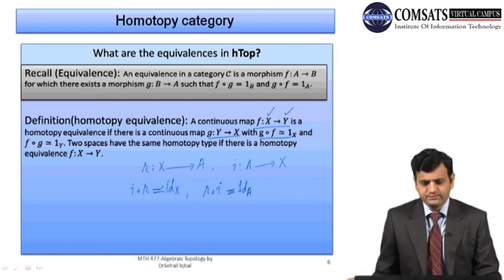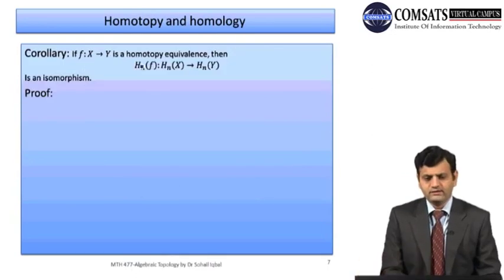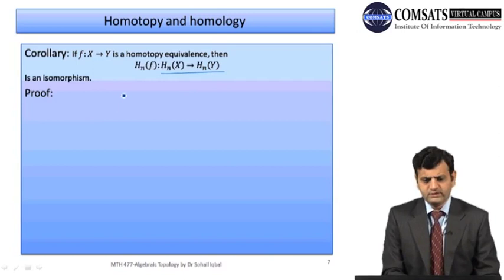Then we have the following important result: if there is a homotopy equivalence between two spaces, then their homology groups are isomorphic. The proof of this is very simple.